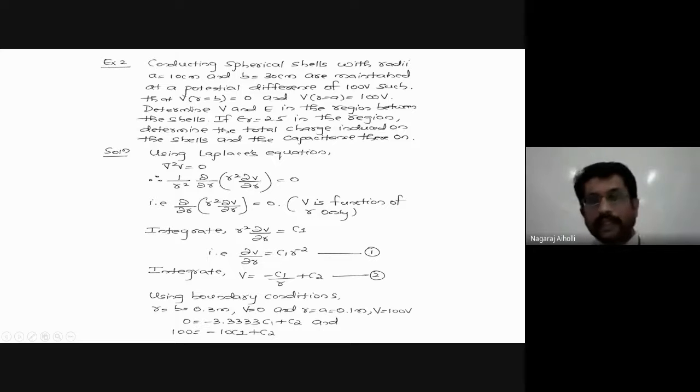Determine V and E bar in the region between the shells. You have to find the value of E and the value of V in the region between the shells. They have given the relative permittivity epsilon R as 2.5 in the region. Determine the total charge induced on the shells; we also have to find Q and the capacitance C. They are just given in terms of steps of the Laplace equation.